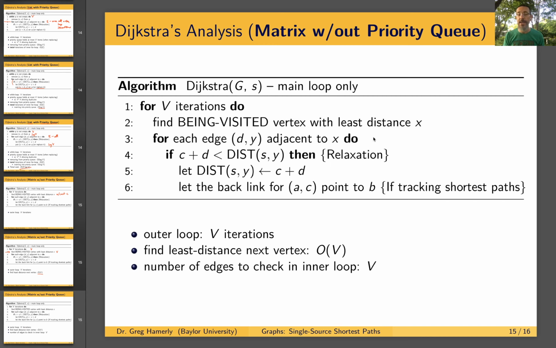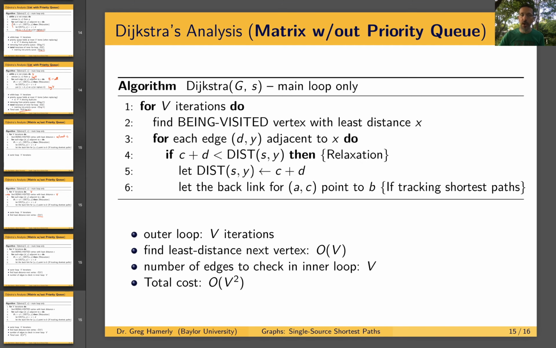And that costs V time. So that also is pretty expensive. But that's order V time per vertex, not over the entire algorithm like in our analysis of the list-based Dijkstra's algorithm, where I said this line was order E. No, here we have order V just for the vertex x.